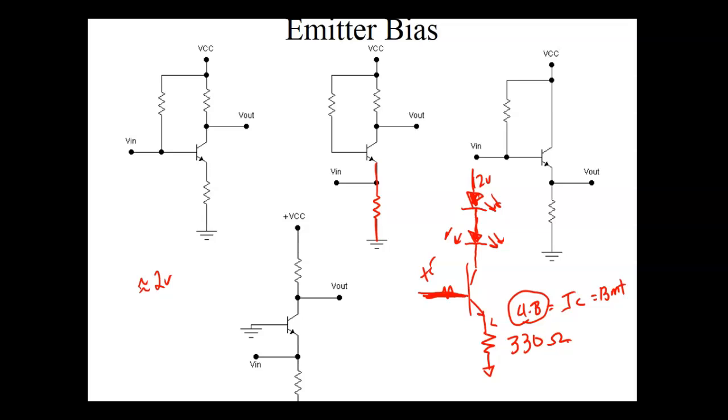So what's nice about emitter bias is this guy basically is not susceptible to temperature change. It'll run just like that, no matter what, if I don't change the voltage on the base. If I change the voltage on the base, then of course the current will change, right? You understand?